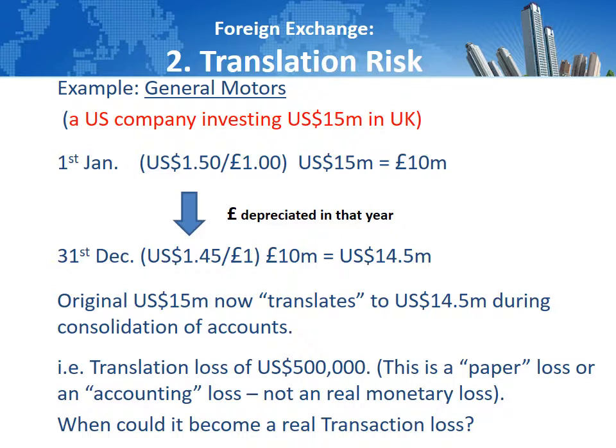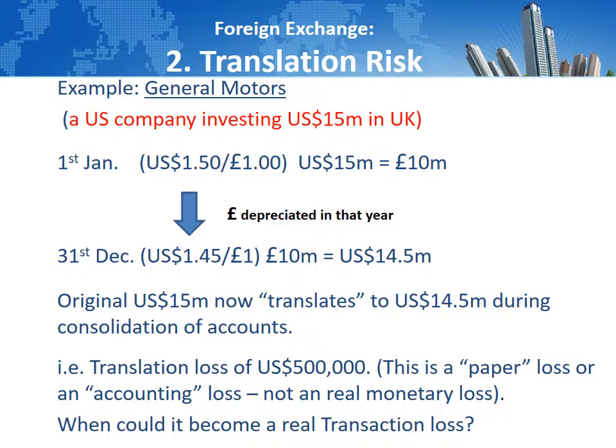The only way that that translation loss or paper loss could become a real transaction loss is if General Motors decided, okay, we sent this 10 million pounds across to the UK, but now we decided we don't really want to do this investment anymore. We don't need the 10 million pounds over in the UK. Let's bring it back home again. So they go to the bank and say, please bring the 10 million pounds back to the US for us.